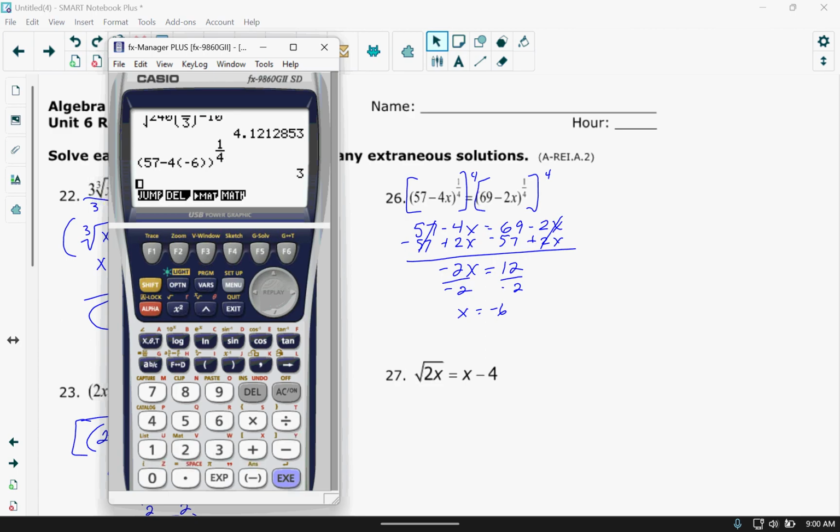So that gives us 3. Then on the right side, we have parentheses 69, and then minus 2 times negative 6. Close both parentheses, and then raise that to the 1/4 power.